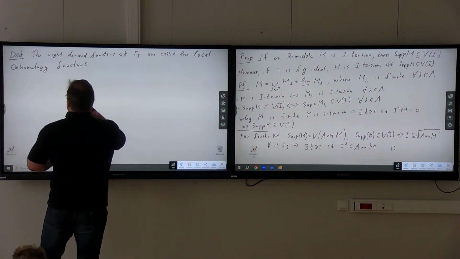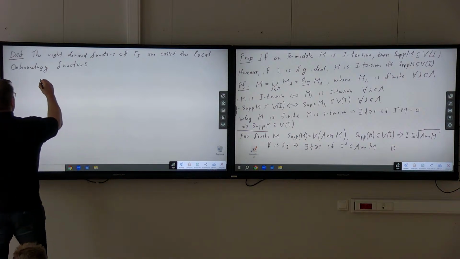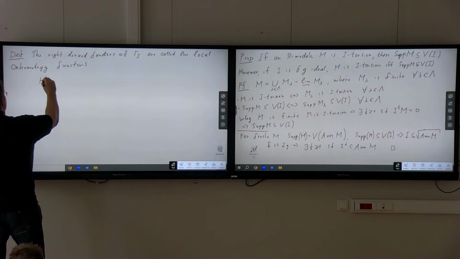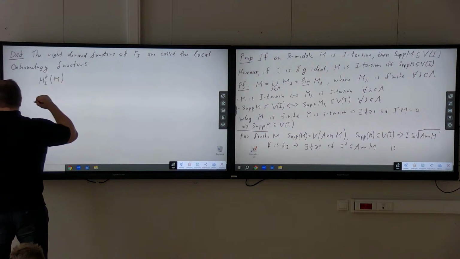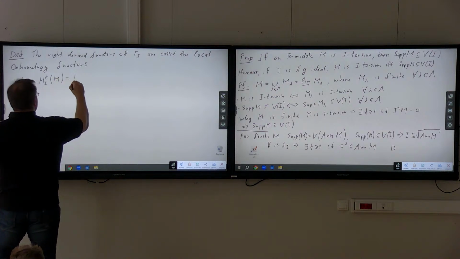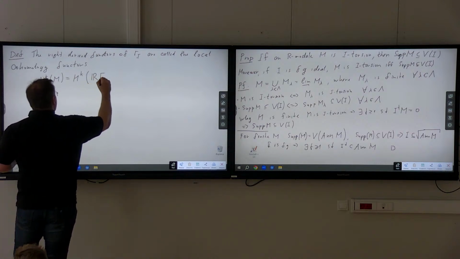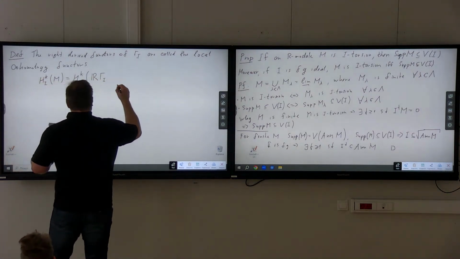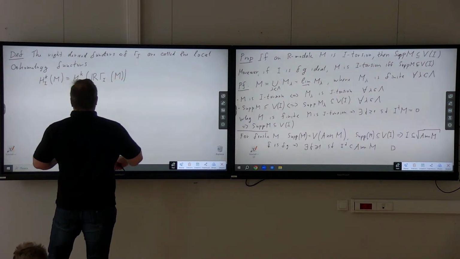Okay, now local cohomology functors. So let me write the formula. Notation is H^k sub I of M, and this is just the cohomology with the R gamma I of M. Okay.